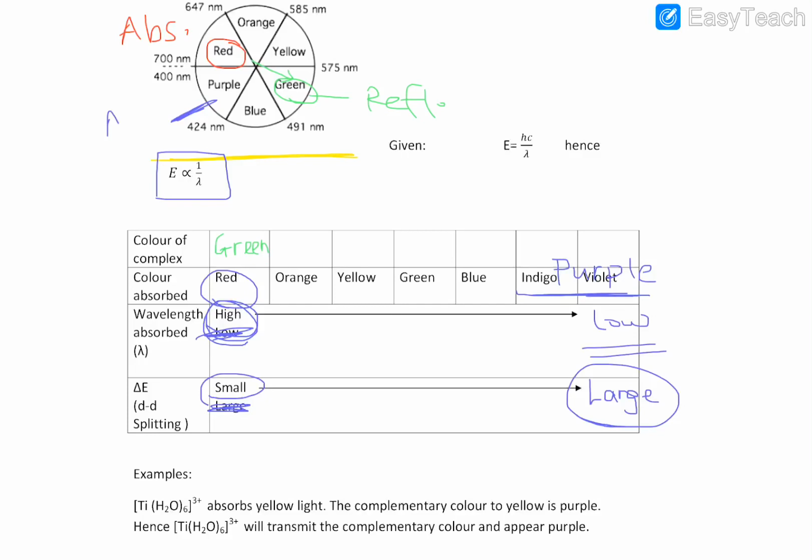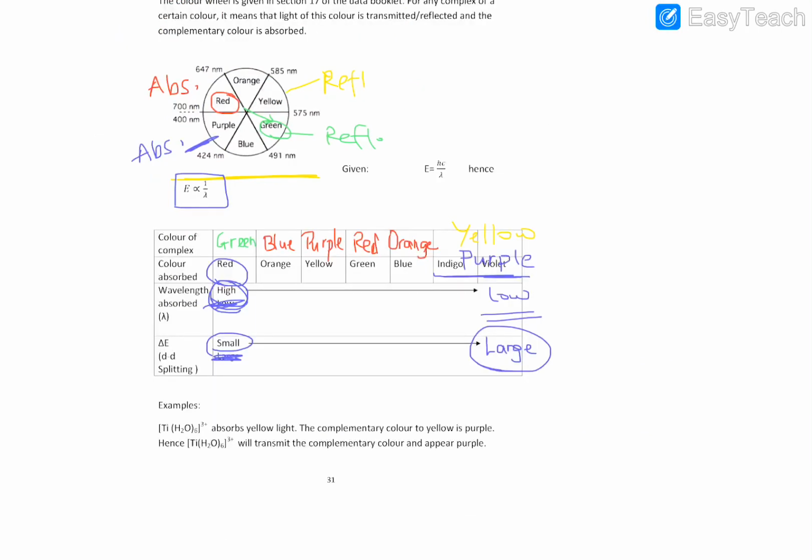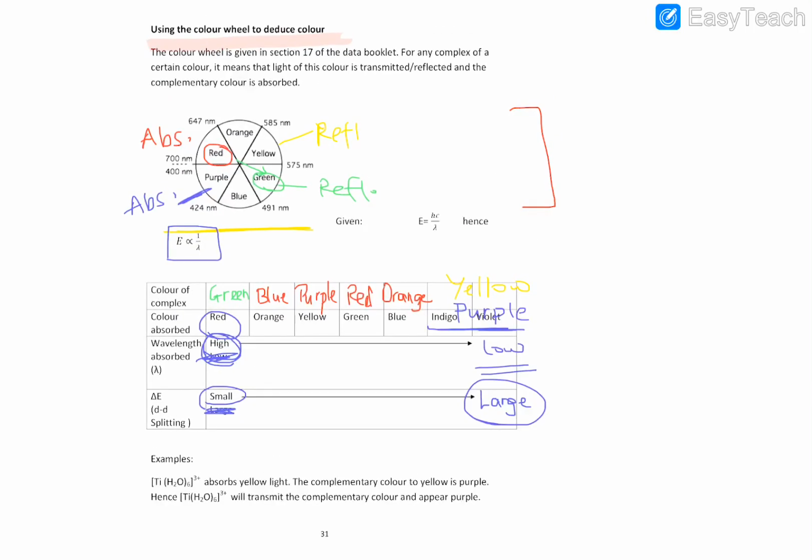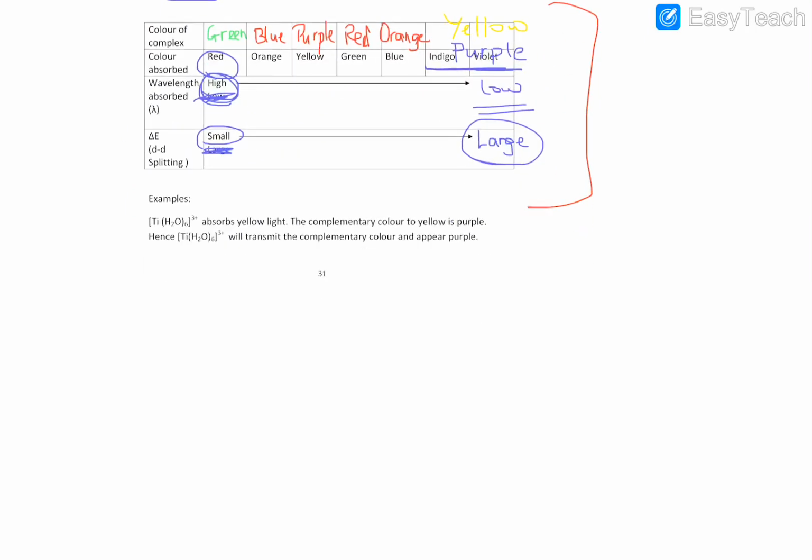So purple absorbed means that the substance is going to be yellow because it will reflect yellow color. Right. So you can complete this table. This color wheel is available in the data booklet at section 17, and it's going to allow you to be able to predict the color of the complex.